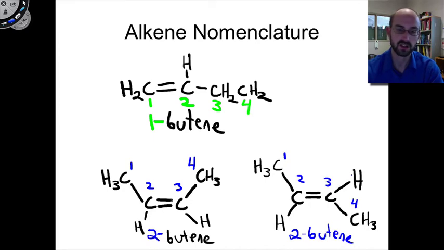In this case, the methyl groups are on the same side of the pi bond. In this case, they're on the opposite side of the pi bond. So one of them is cis and one of them is trans. So cis-2-butene, trans-2-butene.